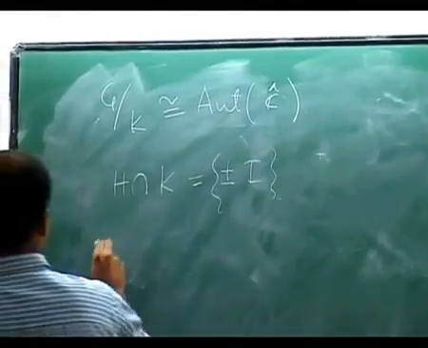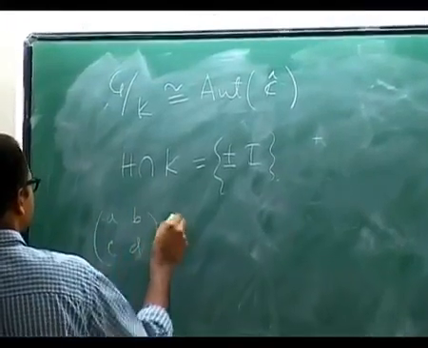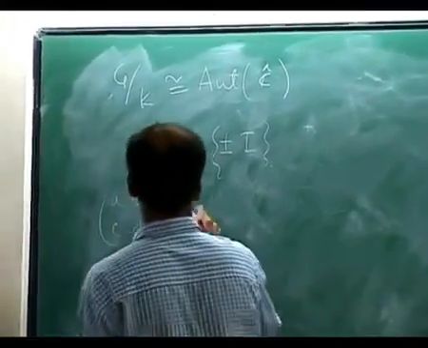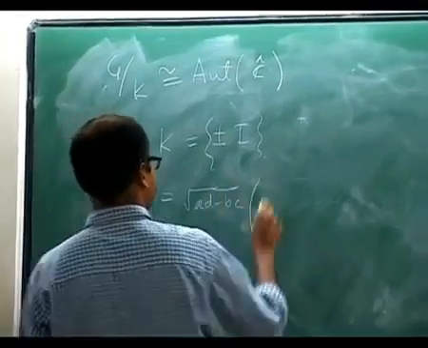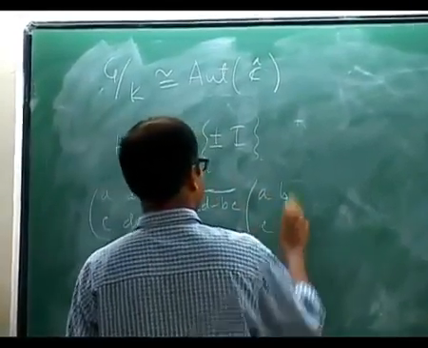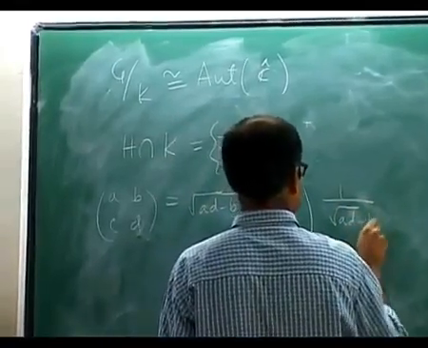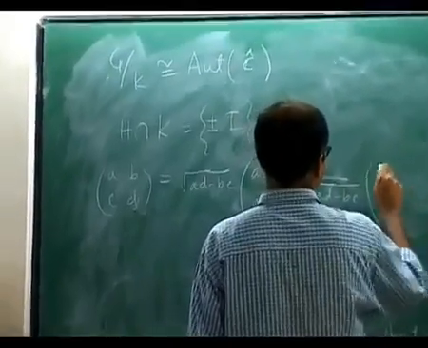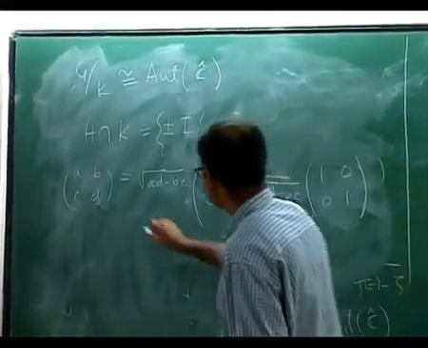And for anything in G, you can write it like this, times 1 0 0 1.